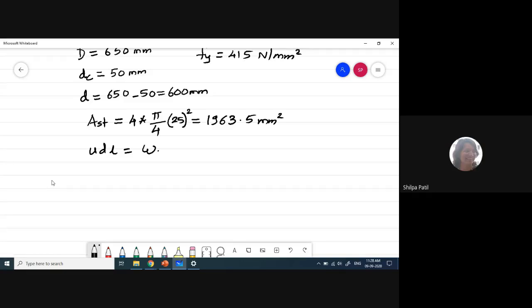Okay, so I will show you the load as WU. U stands for ultimate. So it is 150 kilonewton per meter. And it is also given that the beam is a simply supported beam. So let us draw first the diagram for a beam. So this is a simply supported beam subjected to UDL.